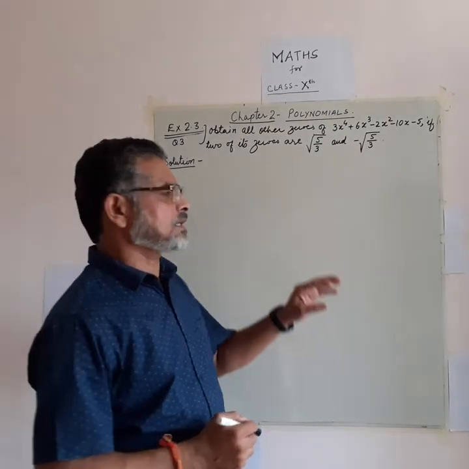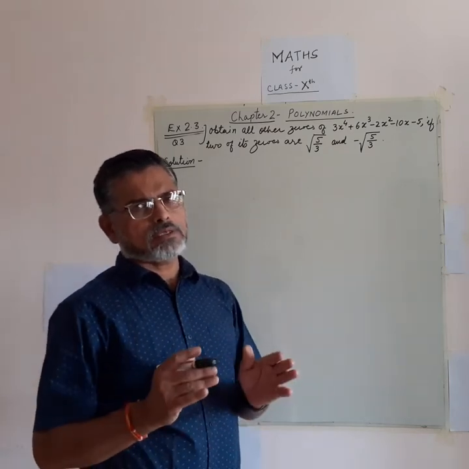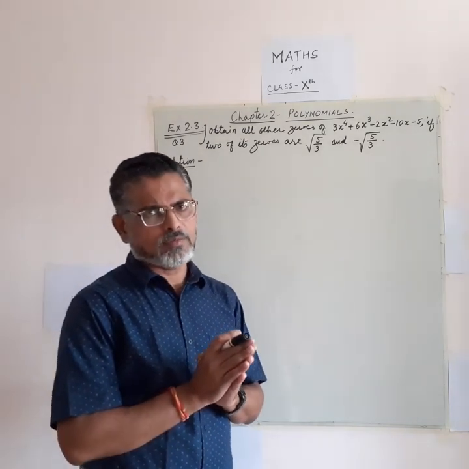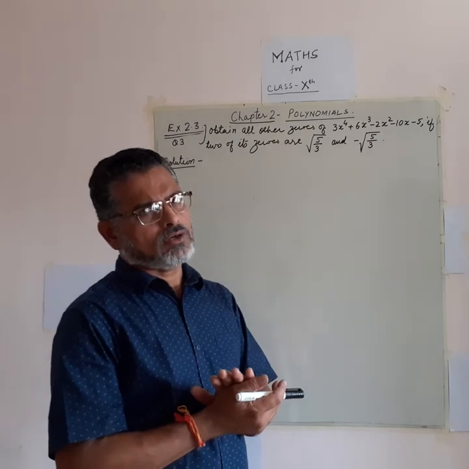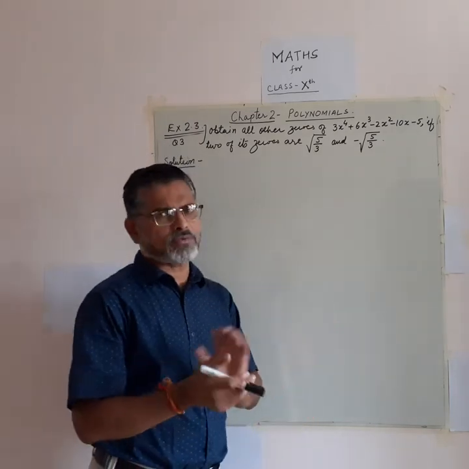Now in question number 3 of the exercise 2.3, here is the use of the division algorithm to reduce the higher degree of polynomial to a lower degree of polynomial in terms of factors.